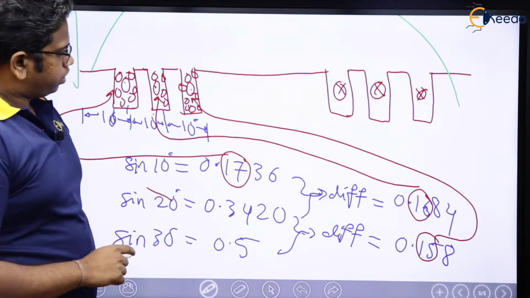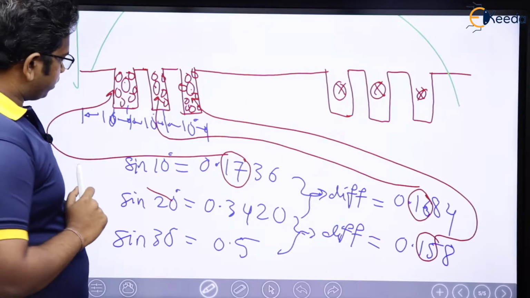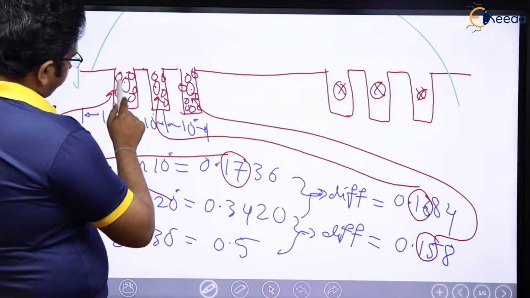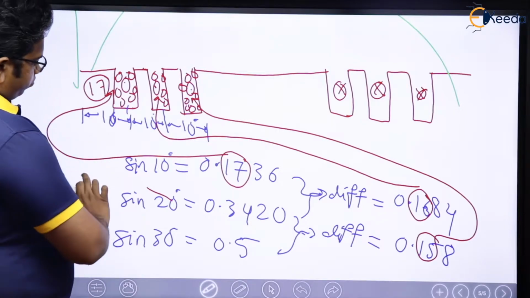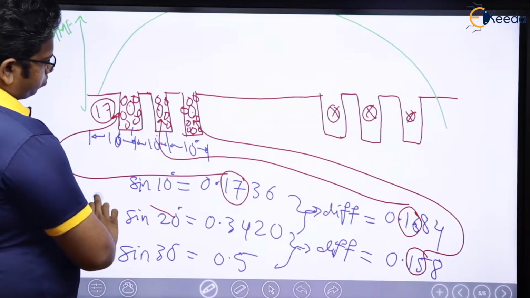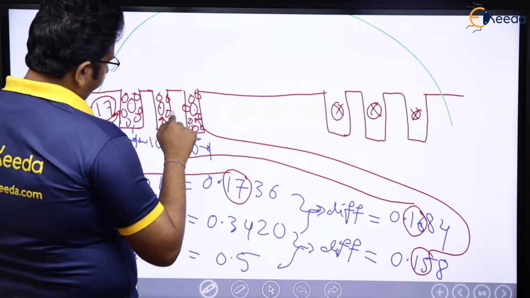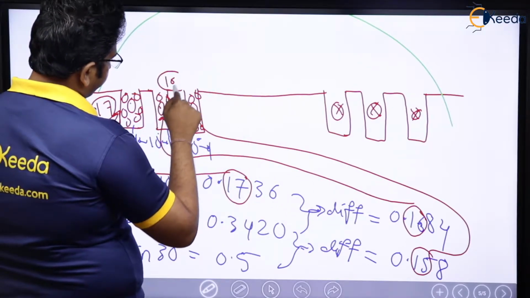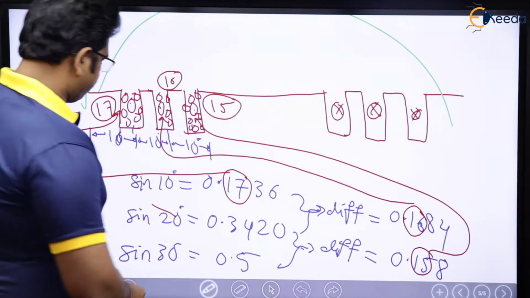Right? Now see here. What did I observe? My observation was that if I have 17 conductors here, then 16 conductors here and 15 conductors here, what is going to happen? Let us see.